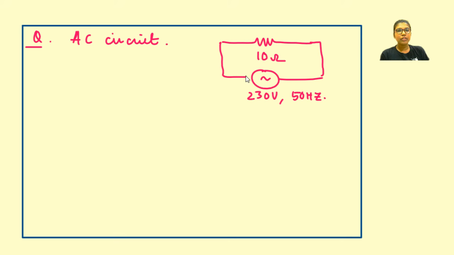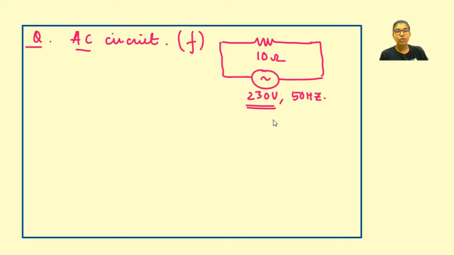Now you need to remember one more important thing. For an AC circuit, unlike a DC circuit, only the voltage value cannot be mentioned. For a DC circuit, we only had the voltage values, like 10 volts, 20 volts. But for an AC circuit analysis, you will never be given only the voltage values, like 230 volts, 220 volts. Since it's an AC circuit, the frequency has a very important role to play.